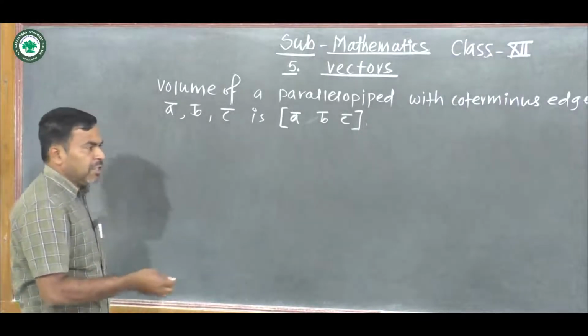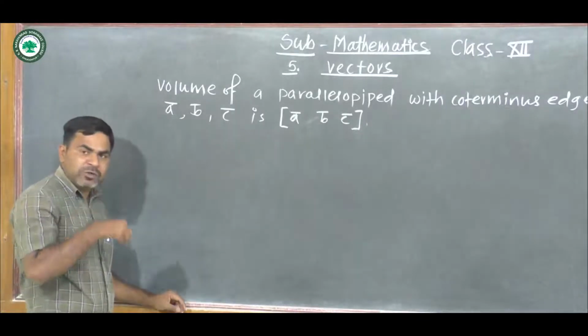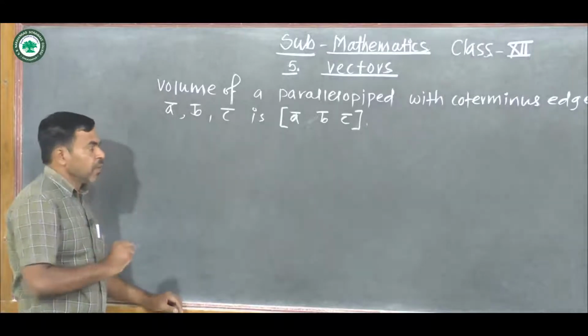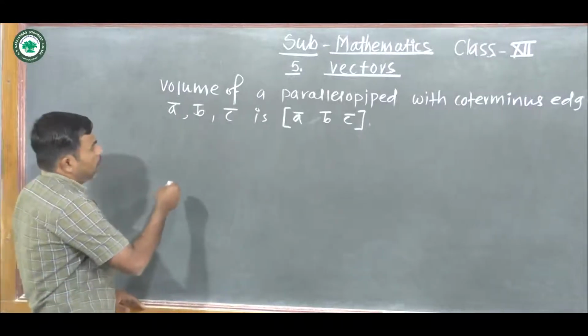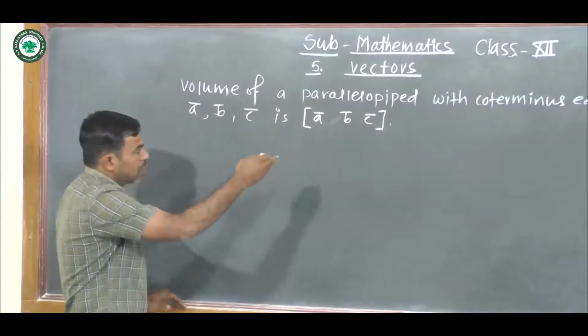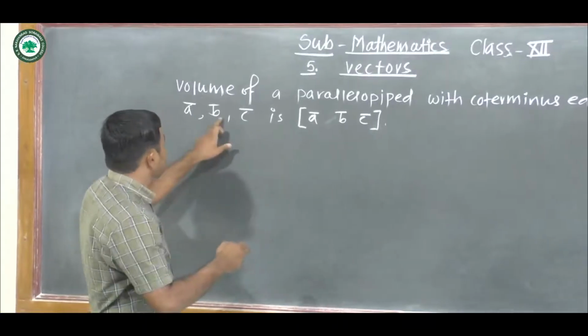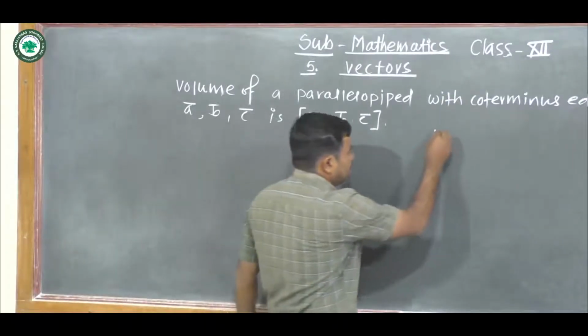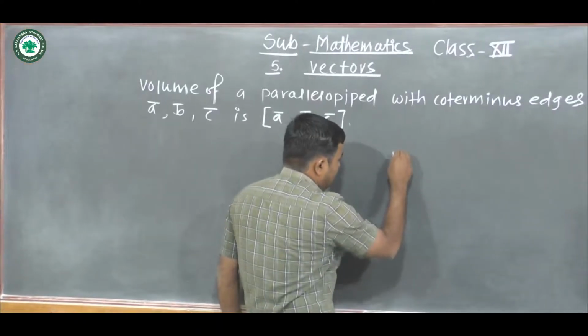The next theorem is also given, whose proof is also deleted for this academic year. So the volume of a parallelepiped, this is one. See how A bar, B bar, C bar are coterminous edges. I will draw the parallelepiped here.